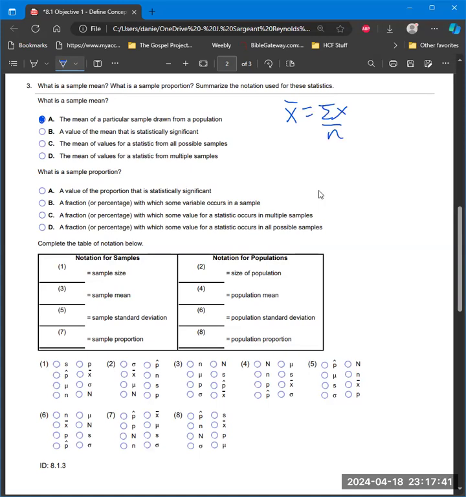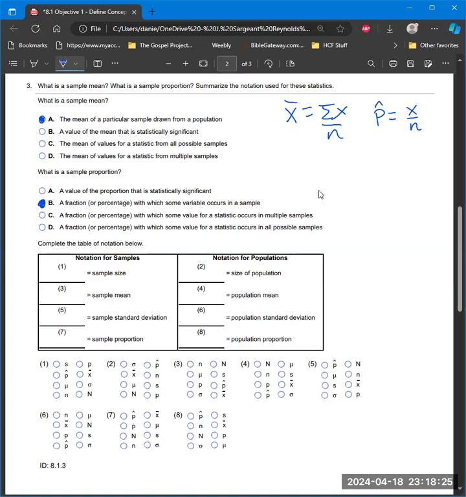The sample proportion, p hat, is going to be x over n, like so, where x is the number of successes and n is the total number of trials. It is the fraction or percentage or proportion with which some variable occurs in a sample.